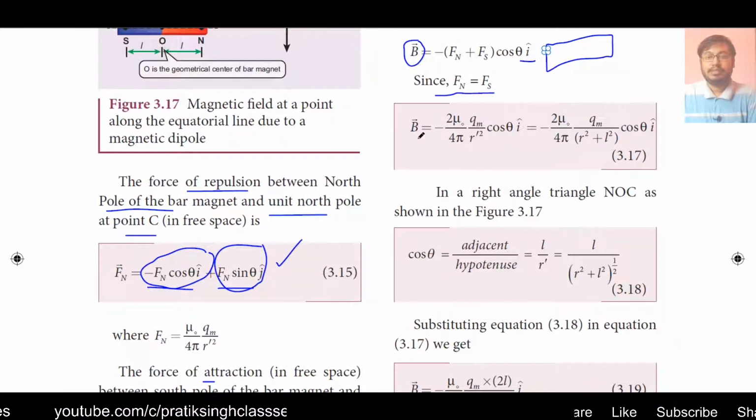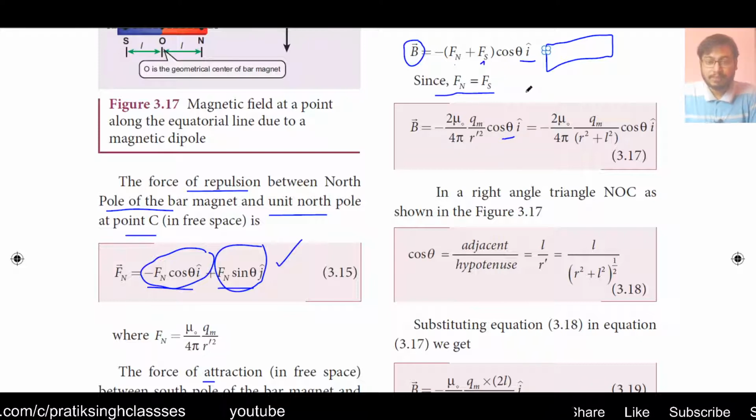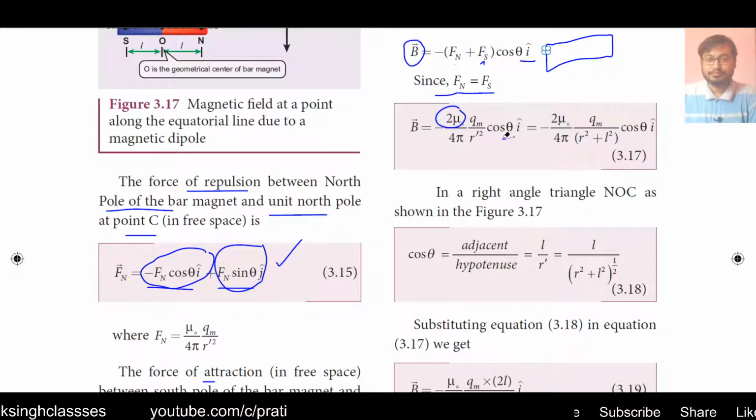So vector B is equal to minus 2 mu naught by 4 pi into Qm by r dash square into cos theta i cap. Just substitute. For Fn we will have mu naught by 4 pi into Qm by r dash square cos theta i cap, and for Fs we will have again the same term. So adding both the terms, we will get 2 mu naught. Don't get confused over here. Now we have to write the value of r dash square.